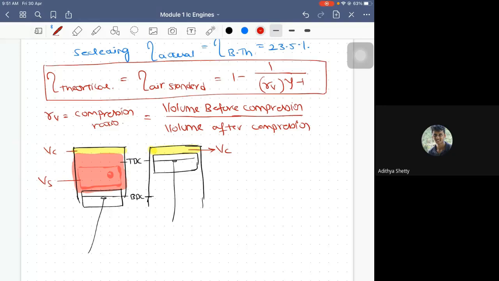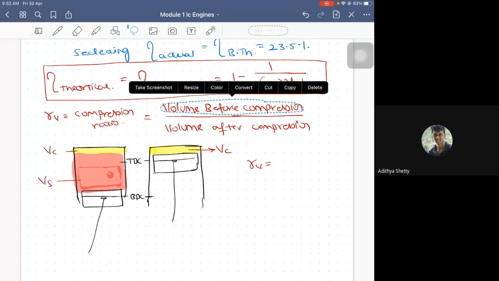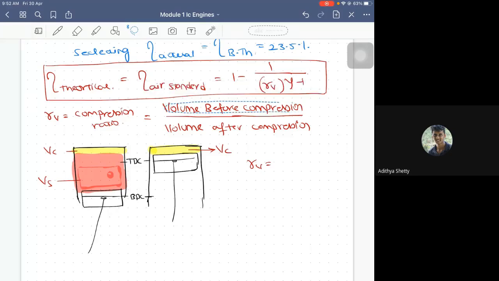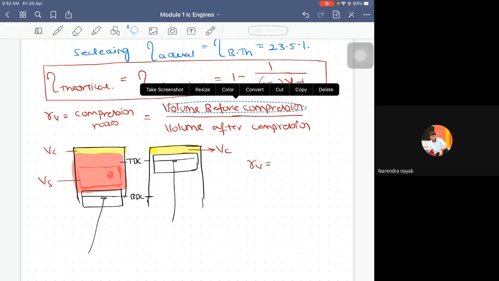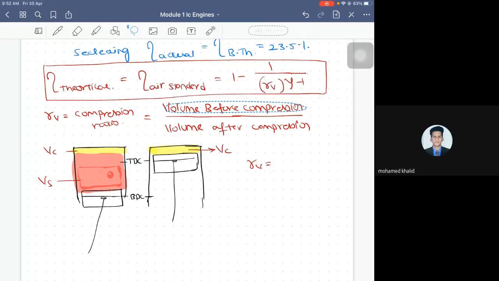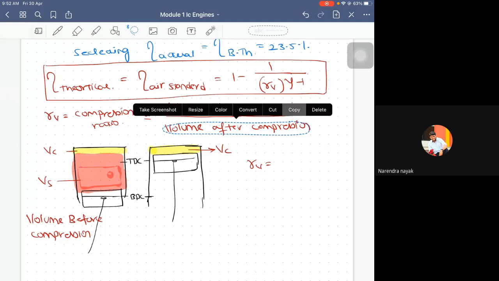Now you have to tell me how to calculate RV. I told you it is volume before compression divided by volume after compression. Which one is volume before compression here, the first figure or the second figure? The first one. So volume before compression is the first figure, right? And volume after compression is the second one, correct?